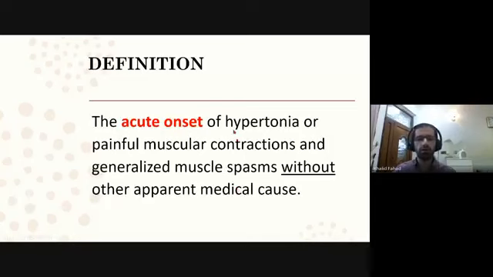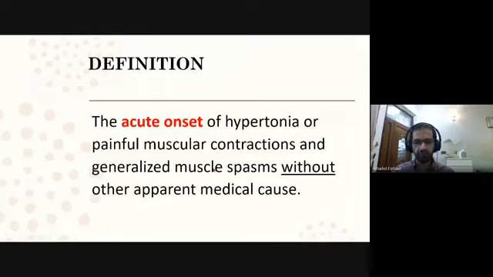So how can you define tetanus? Tetanus is the acute onset, very important, so the onset would be acute within a few hours, of hypertonia, which means sustained muscle contractions, or painful muscle contractions. So it is a painful process. This is what we mean by hypertonia.